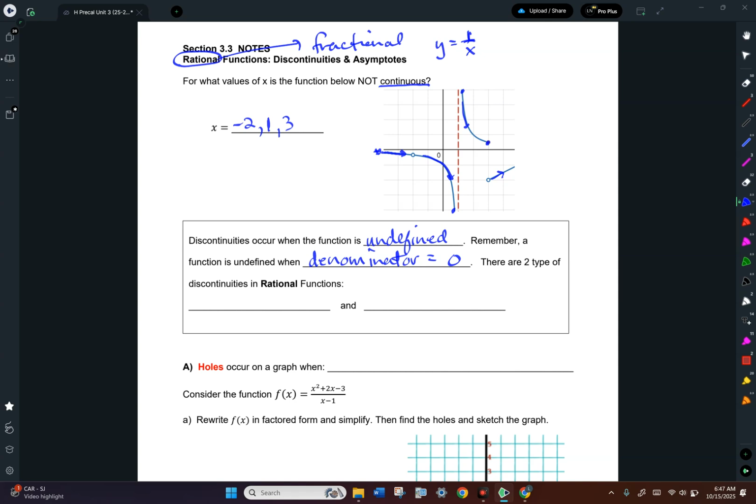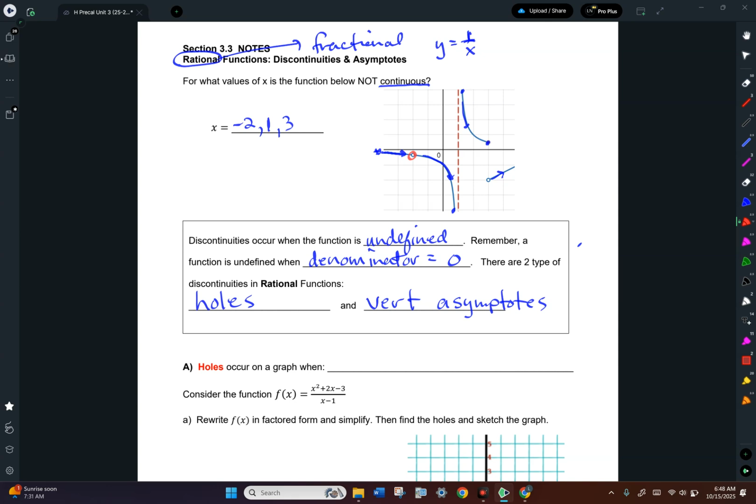And there are 2 types of discontinuities on these rational functions. There are holes and there are vertical asymptotes. If you look up here at this graph, there was a hole right here at -2.